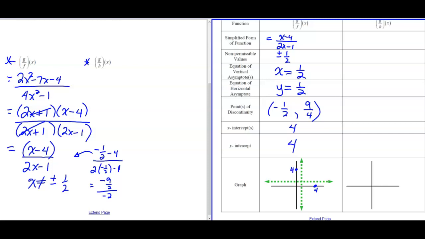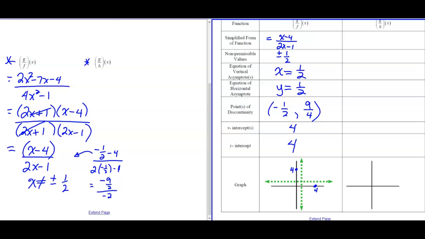Okay, and this is linear, right? It's a linear over linear. If you were to use long division, you could get it in transformation form, which would be a transformation of 1/x. So this is just going to have 2 arms, right? One arm here, one arm here. Take a look at where your points of discontinuity are.